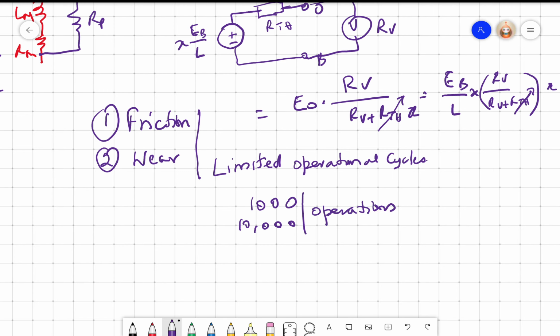So the 10,000 operations is the kind of limit that you can get from a resistive potentiometric type transducer. Nevertheless, if you are not really intending that there will be too many operations in its cycle, you can use a resistive potentiometer sensor, right?